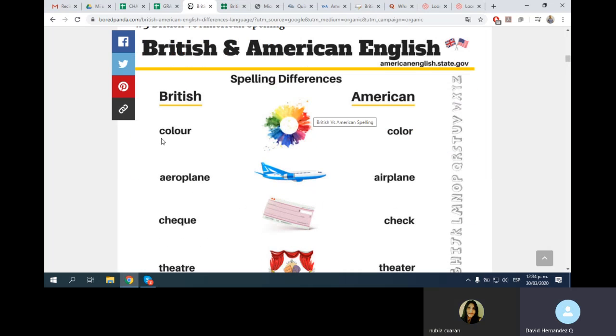En esta palabra, color, la diferencia está en la ortografía y en la pronunciación. Los americanos dirían color y los británicos dirían cola.